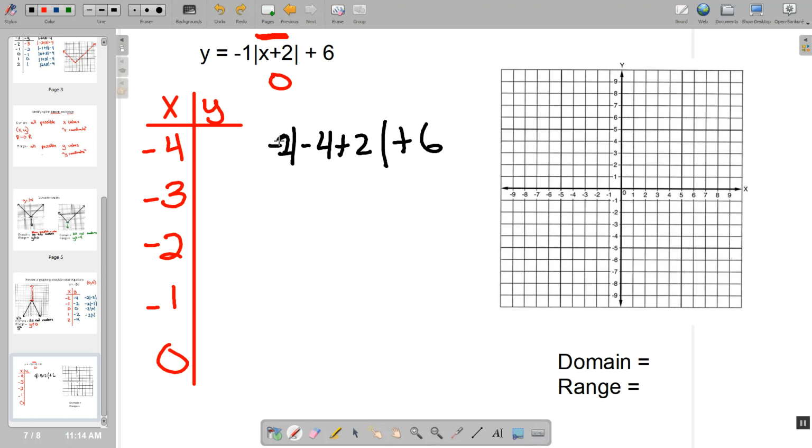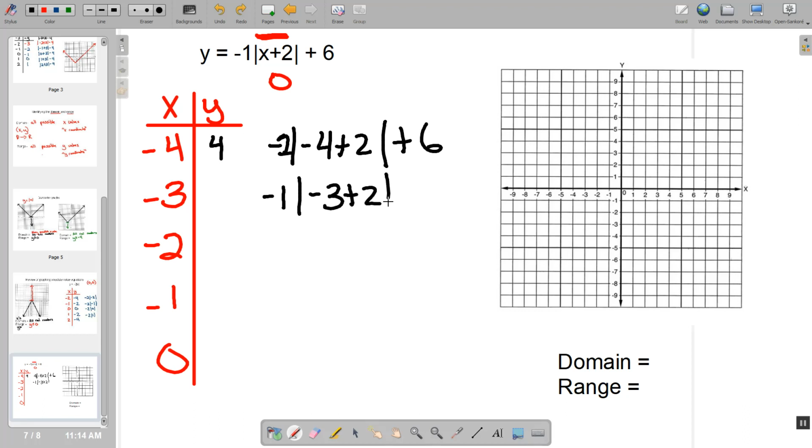Times -1 is -2. -2 plus 6 is +4. Now it's probably going to be easiest to actually write that out like this: -1 times 2 plus 6. But for the sake of time in the video, I am not going to write those out. Plus it's going to take up the whole screen. Okay, so this one is -1.